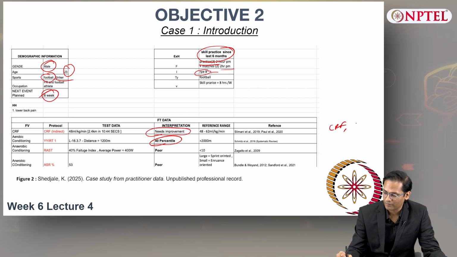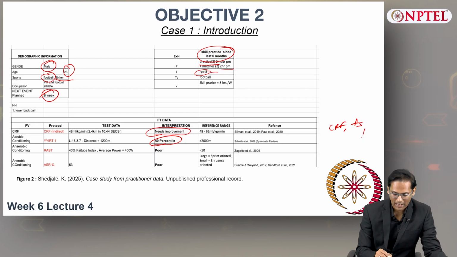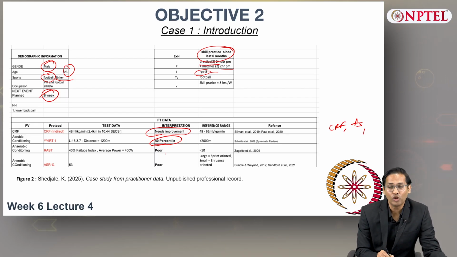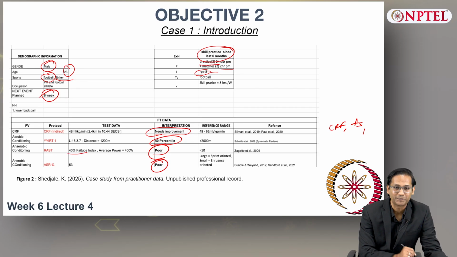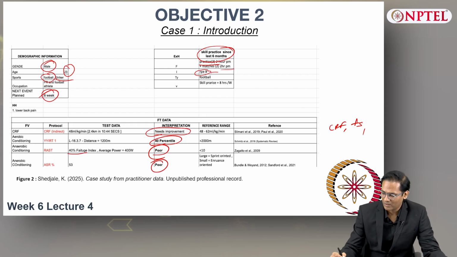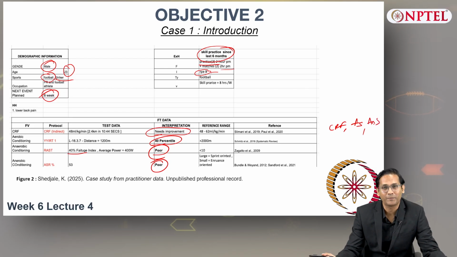CRF, aerobic conditioning, and anaerobic conditioning with respect to fatigue and speed, because the fatigue index is 40% when performed the RAST test. So here overall what needs to improve? Aerobic capacity, aerobic conditioning, anaerobic conditioning.